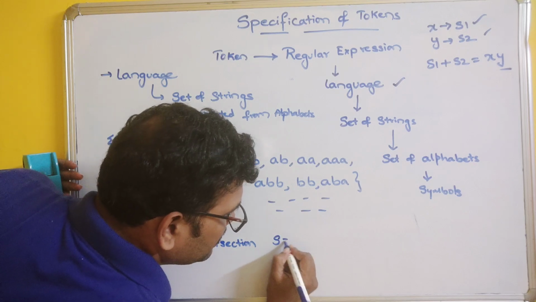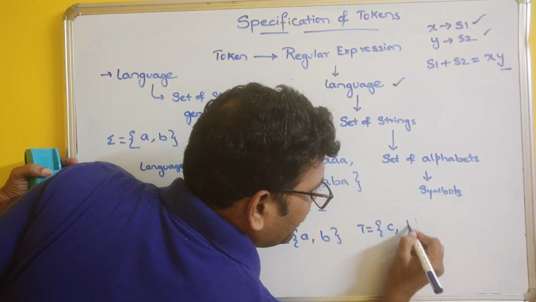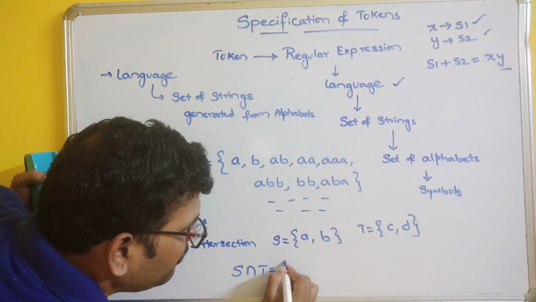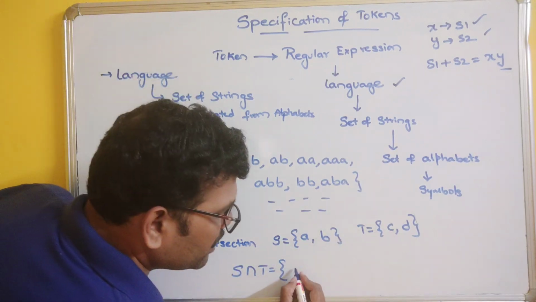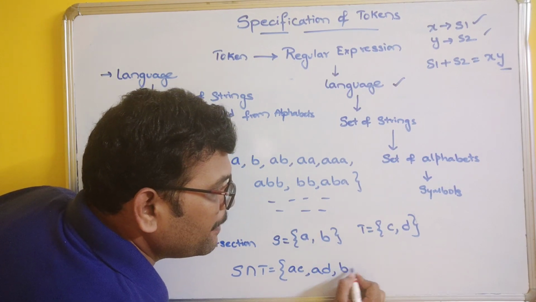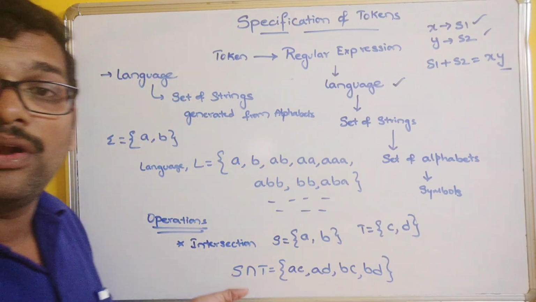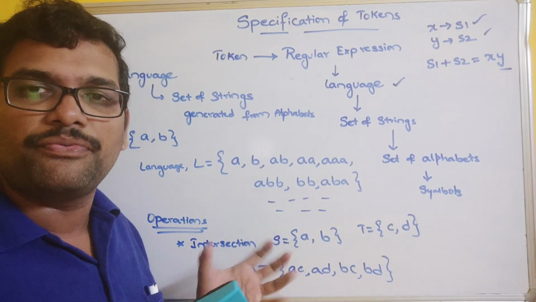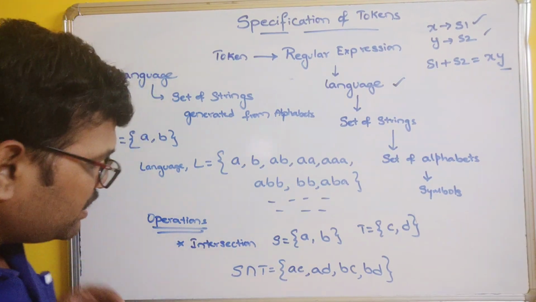For example, take S equal to A and B, and T equal to C and D. Then S intersection T will be the product of the combination of both S and T: A product with C, A product with D, B product with C, B product with D. This is somewhat different, and we call it an intersection, combining both languages, the product of both the strings. And the next one is closure.